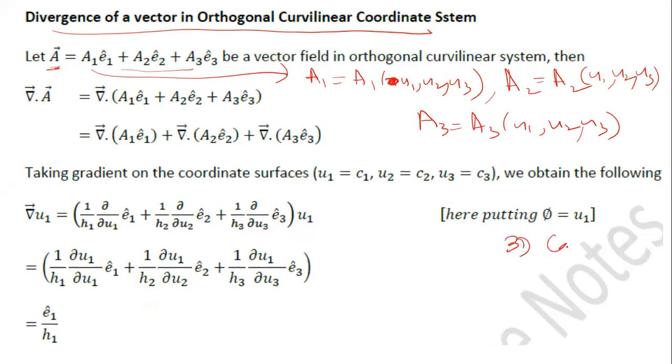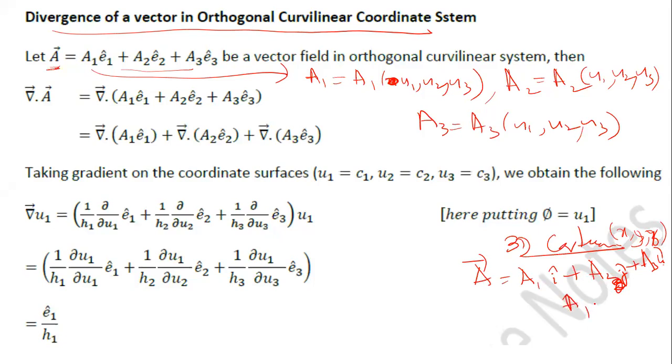I think you can understand this from the analogy with the 3D Cartesian case. In 3D Cartesian, you know that any vector can be written as a1 i cap plus a2 j cap plus a3 k cap. So i, j, and k are the unit vectors in the 3D Cartesian system, and the coordinate variables are x, y, and z.